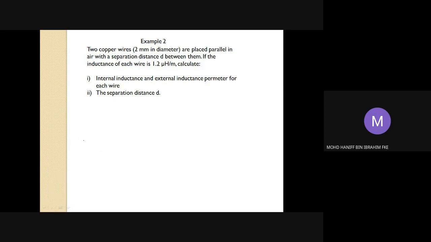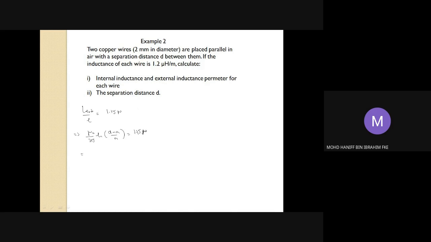Let us substitute mu naught. Sorry, I apologize, I need to rewrite this for you. So the equation will be mu naught over 2 pi ln of (D minus A) over A equals 1.15 micro.